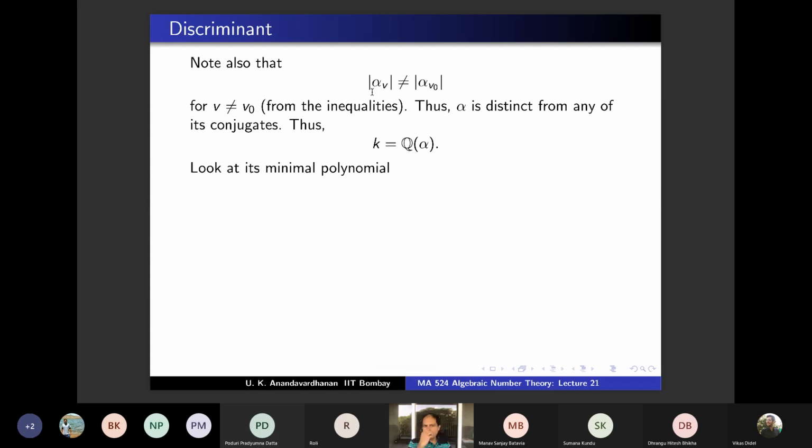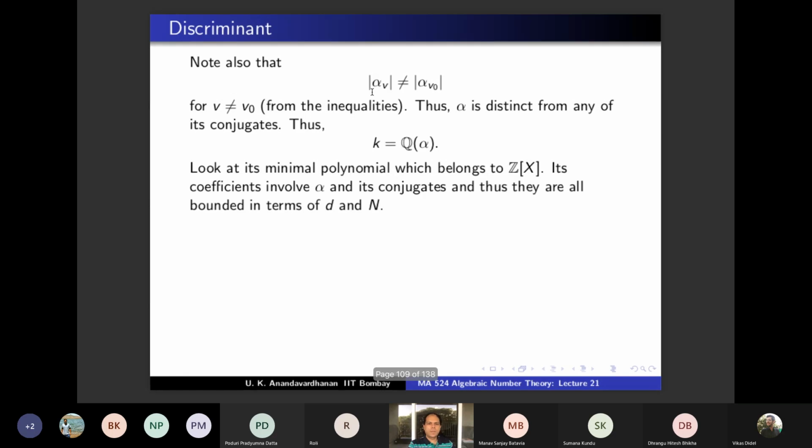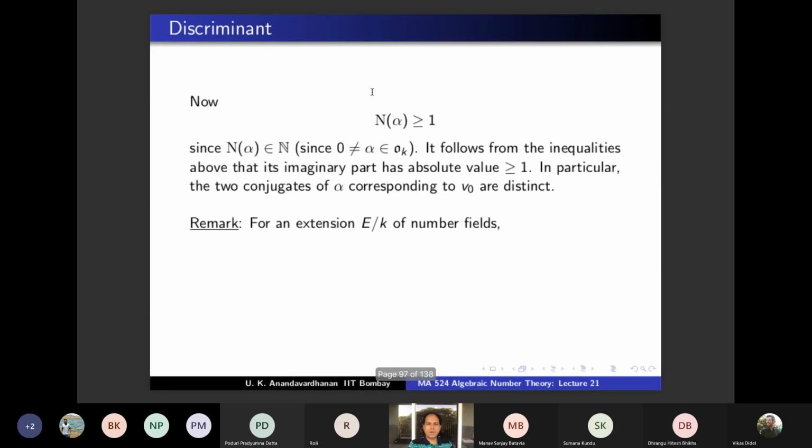And now we are almost done. Look at the minimal polynomial of alpha. Because alpha is an algebraic integer, it will have coefficients in Z, and the coefficients will be symmetric polynomials in alpha and its conjugates. And from that you can conclude, since alpha belongs to this region, all its conjugates also belong to that region, and we know that all of them are bounded.